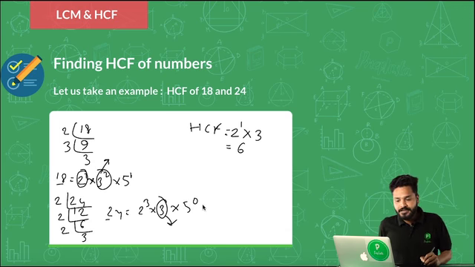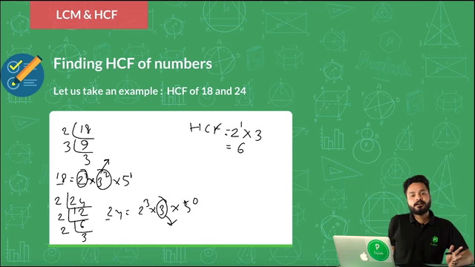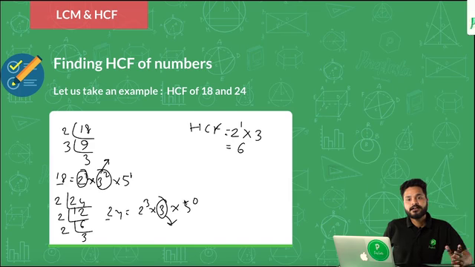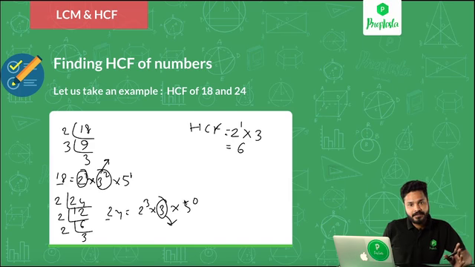So I would have taken 5 raised to the power 0, which is negligible, which is 1. Clear? So I think the difference is clear in your head now: while we find the LCM of numbers, we take the prime factors having the highest power in each of the numbers. Similarly, to calculate the HCF of two numbers, we take the prime factors appearing the least number of times in the numbers, right?